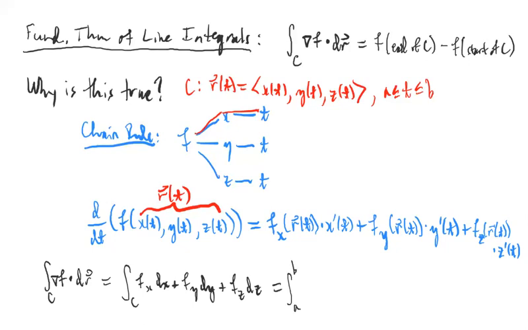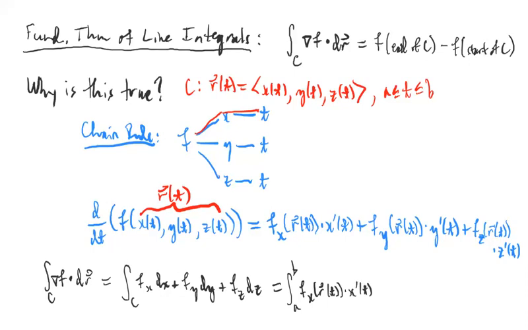If I plug all this stuff in, it's going to be the integral from a to b of f sub x, which needs to be evaluated at x of t, y of t, z of t, which is just r of t. So this is f sub x of r of t. And what is dx? Well, dx is x prime of t dt. So this is times x prime of t.